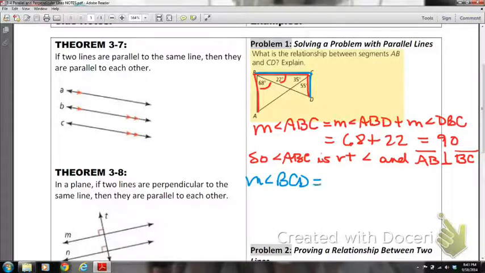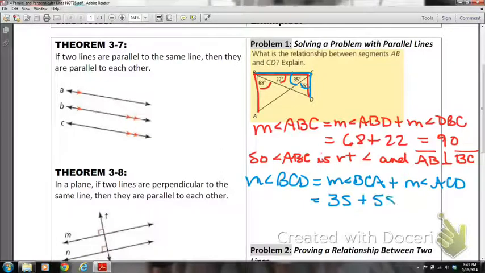Once again, by the angle addition postulate, it's going to be the measure of angle BCA, which is the 35-degree angle, plus the measure of angle ACD, which is the 55-degree angle. Substituting, 35 plus 55 also equals 90.